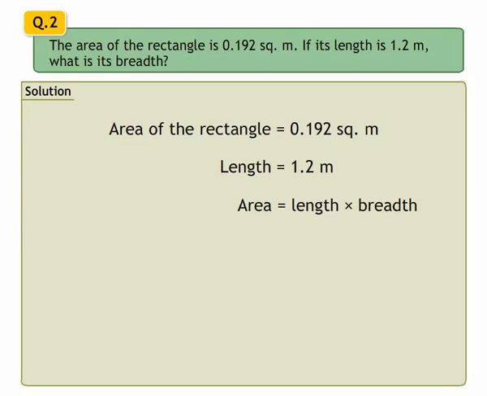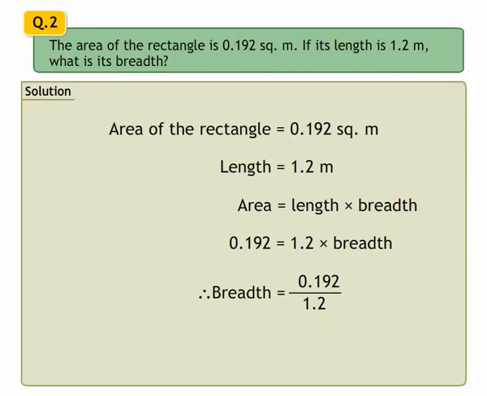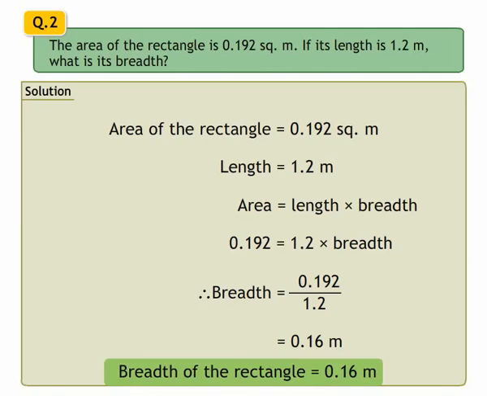Substituting the values, we get 0.192 equal to 1.2 into breadth. Hence, breadth is equal to 0.192 upon 1.2, which is equal to 0.16 meters. Thus, breadth of the rectangle is 0.16 meters.